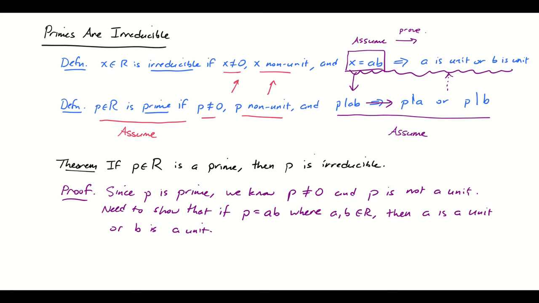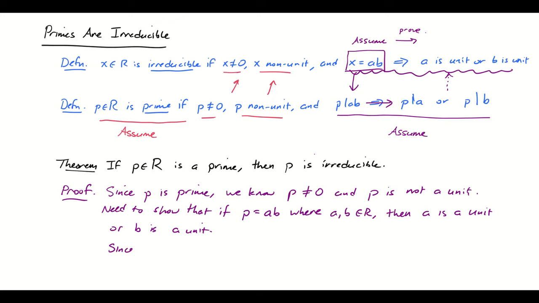And our strategy is going to be to try to get it back to something in this form. Try and relate the situation that we have to a situation where we have P dividing a product of two things. So actually, here we're in luck. This is perfect because if P is equal to A times B, then that means that P divides A times B because P divides itself.